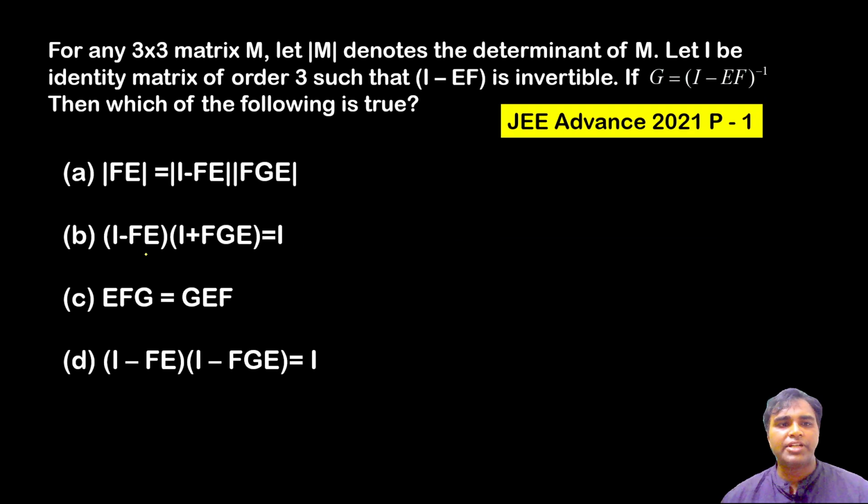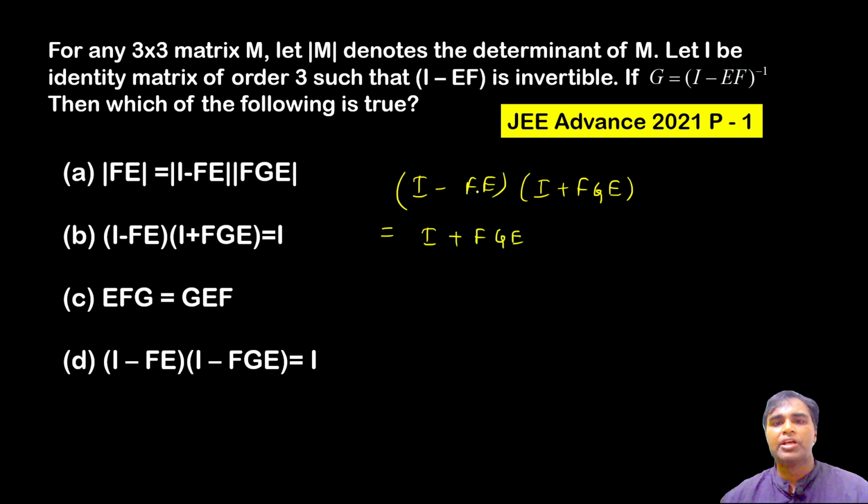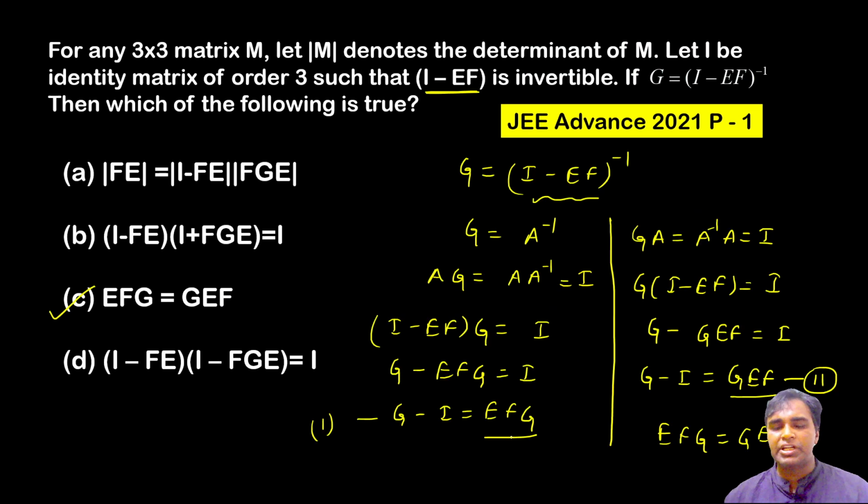Now let's check the B option, (I minus FE) into (I plus FGE), and we have to prove that it will be I. Let's see whether it is coming or not. Let's multiply I into I, and I is I. I multiplied with any matrix will be the same matrix, so it will be FGE only. FE multiplied with I will be FE, minus FE multiplied with FGE. Now let's see this EFG. In the previous thing we have seen that EFG is equal to how much?